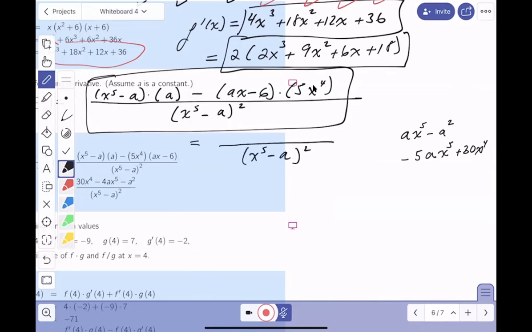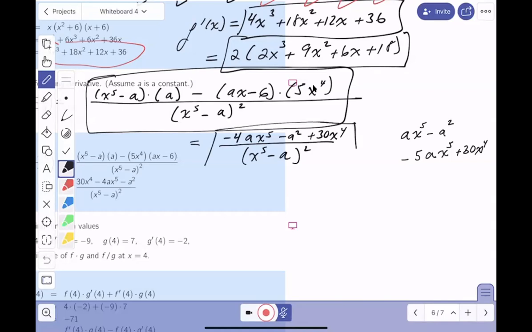And on top, what would you get? Well, it looks like you get minus 4a x^5, right, I'll write that down. And then I get minus a squared. And then I get 30x^4.